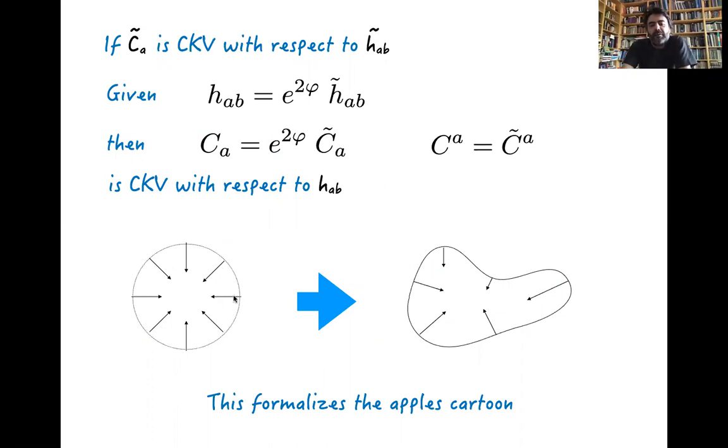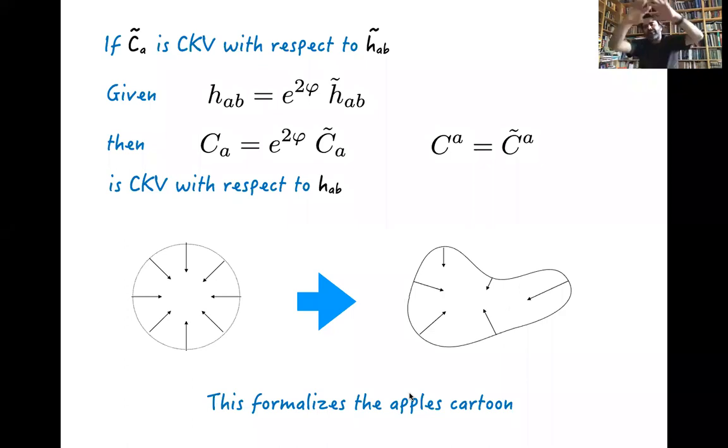The modulus is just the radius of the sphere, and it's orthogonal to angular spheres. After a conformal transformation, this is some potato, and the C field is still orthogonal to the potatoes, and the modulus is given by the conformal scale. So this is the mathematical embodiment that formalizes the cartoon of the apples.